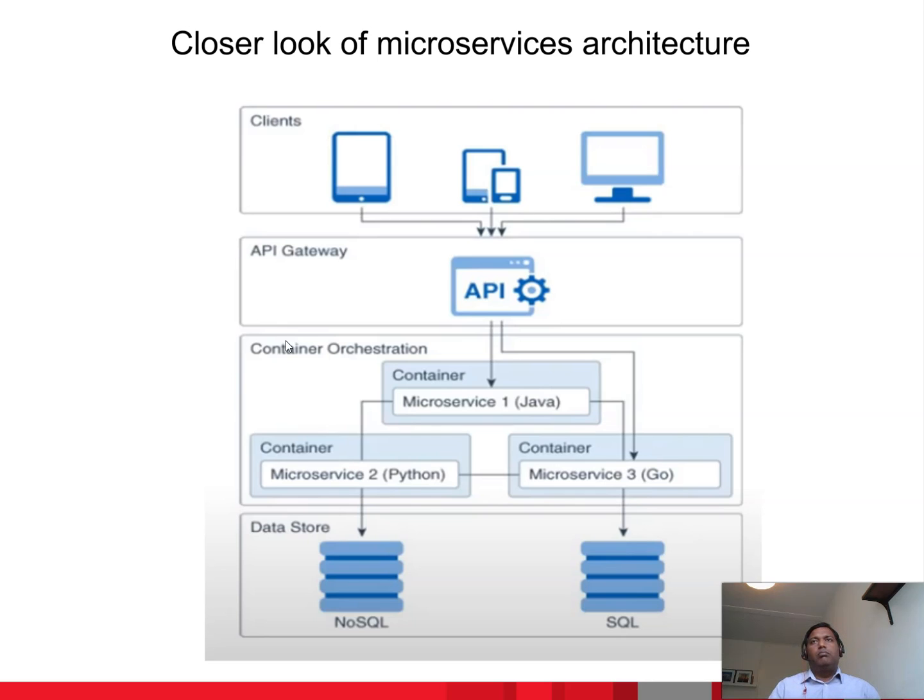Normally in our traditional SOA world, we have something called the SOA suite, which does the orchestration of the different services. And here we have container orchestration. On top of that, we have an API gateway, which acts as a proxy layer. And by using an API gateway, we can serve different clients or omni-channels by which data can then be accessed.